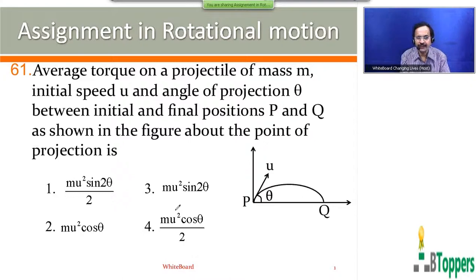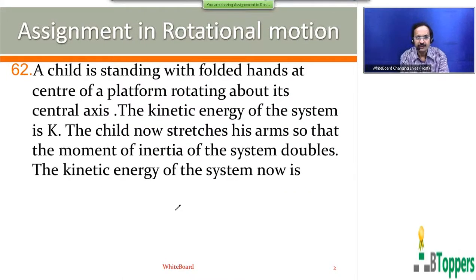So I am going to show the next question on screen. See question number 62. A child is standing with folded hands at the center of a platform rotating about its central axis.